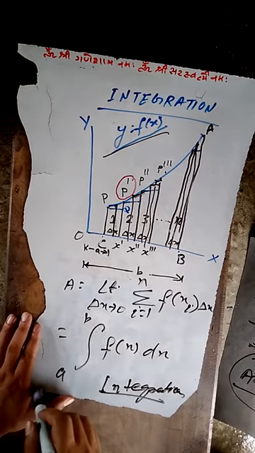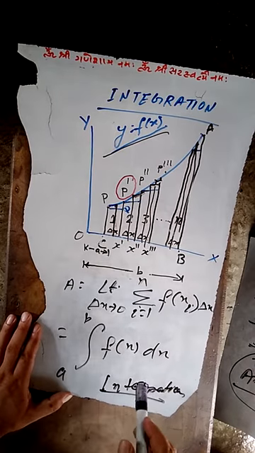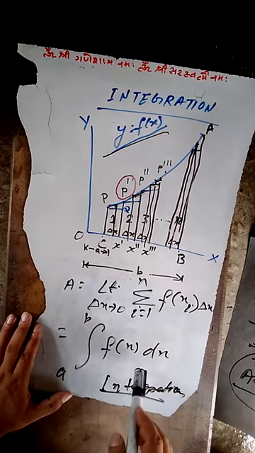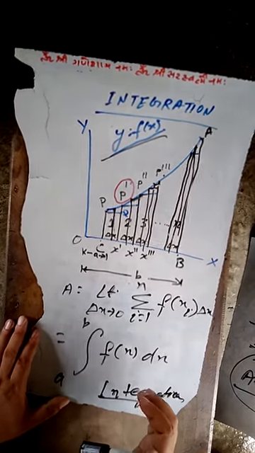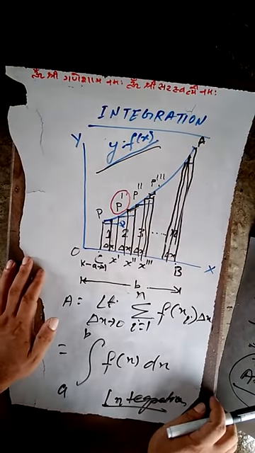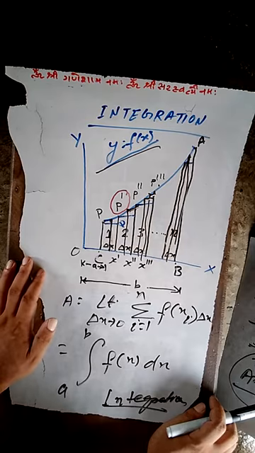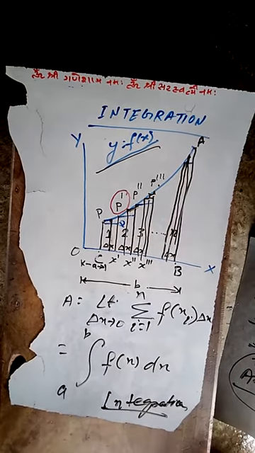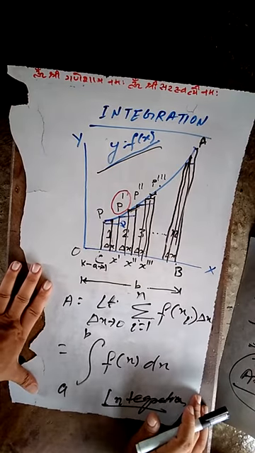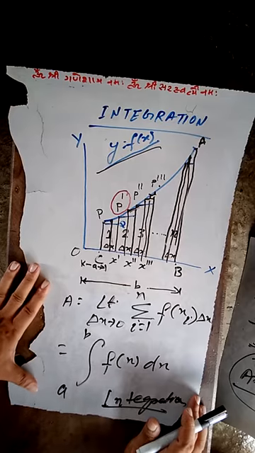Now there are a few methods with which we can easily find the integration. Mathematics students would know that integration is the inverse process of differentiation. So the formulas we have studied in differentiation will also work in integration, but in reverse form.